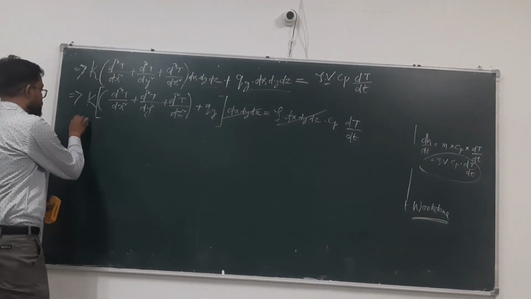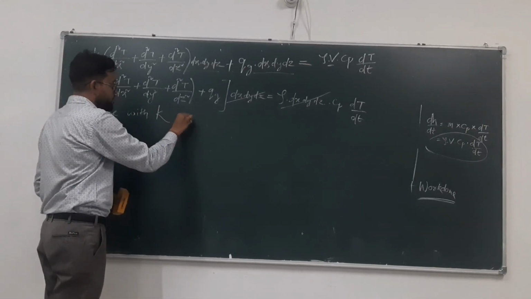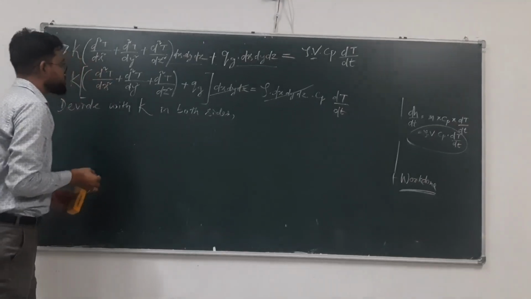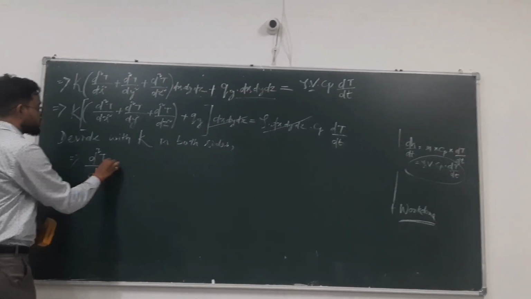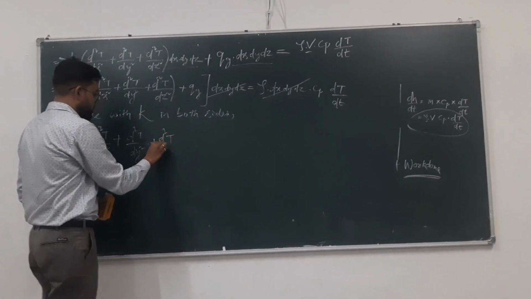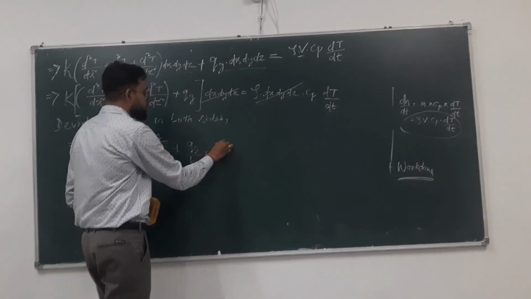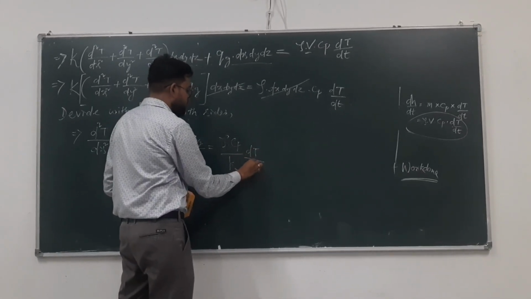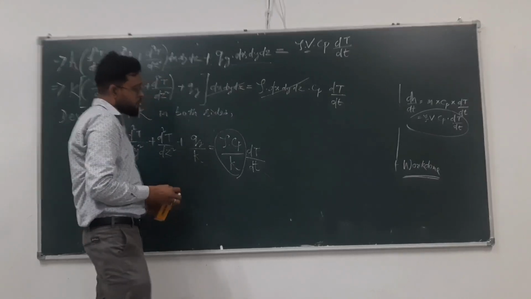If you divide with k on both sides, here rho Cp by k, it looks like which one?